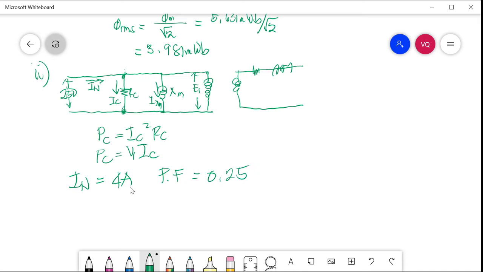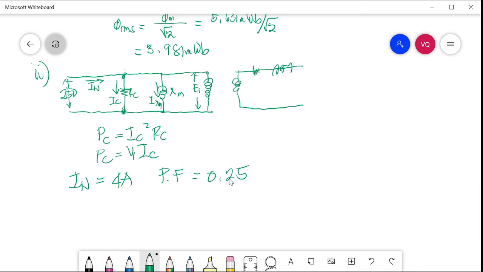So paano natin to i-draw sa vector diagram? So tapos niyo na to nung circuits 2 nyo. Okay? We can rewrite this one in terms of its magnitude and direction.